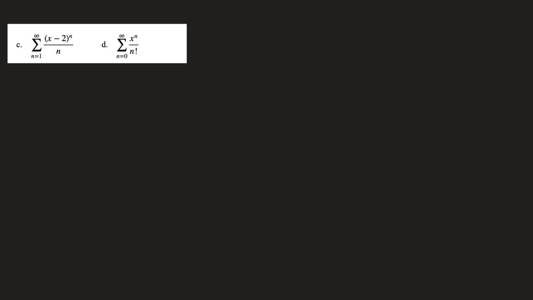Let's do more practice for the radius of convergence. In the previous examples, the radius of convergence was 0 and 1, okay? We used the ratio test to find the radius of convergence, right? Let's practice another power series.